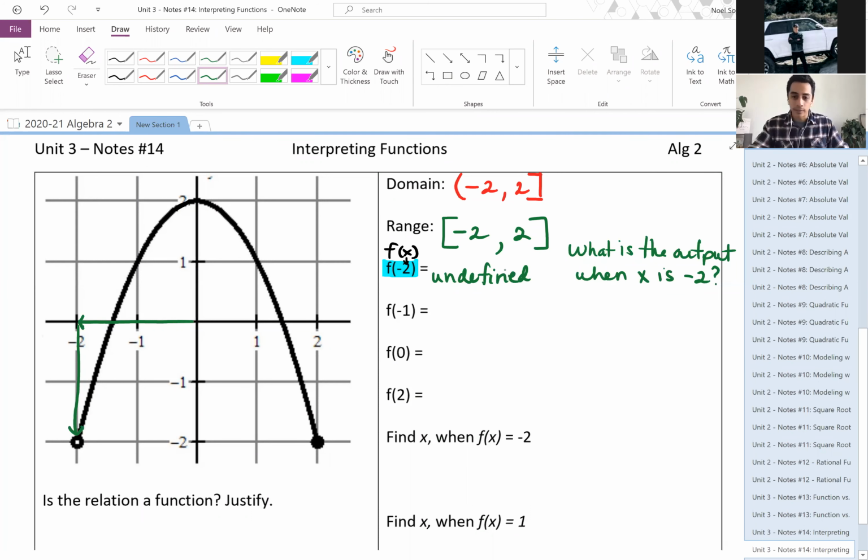And that'll happen sometimes because what we have here is what we call a hole. This open circle can also be called a hole. So when you get there and there's nothing there, I have no y value. There is nothing that I can say exists there. Okay, so that will happen sometimes. Correct, yeah.